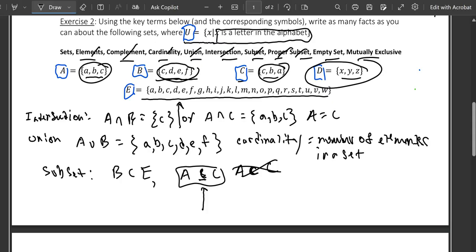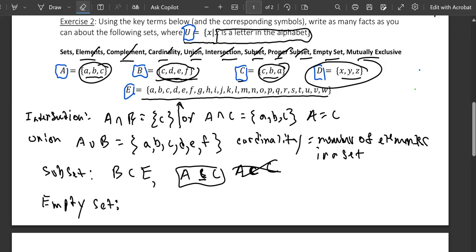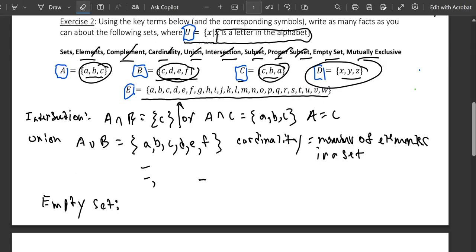And then the empty set. Let's do an empty set. Sometimes I got to think about these. Empty set. What's an example of an empty set for you? Let me think for a minute here. I think this will work.